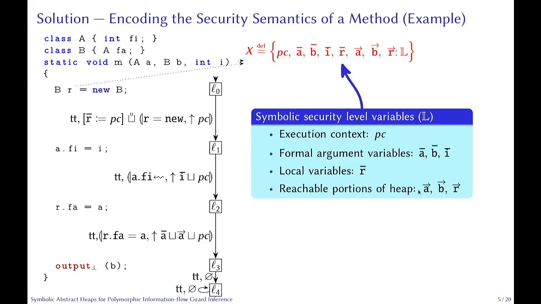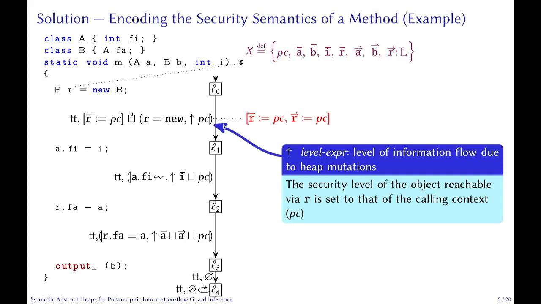The little arrow means that from A I can reach a set of objects, and the security level held by any of those objects has an upper bound held in the value of this variable for A.